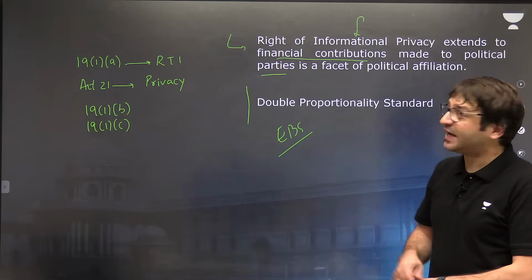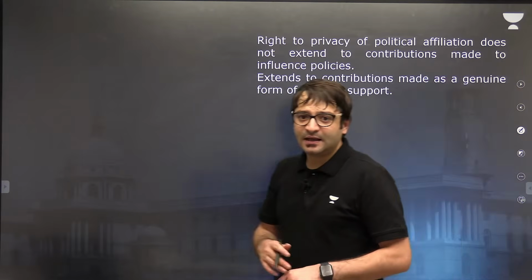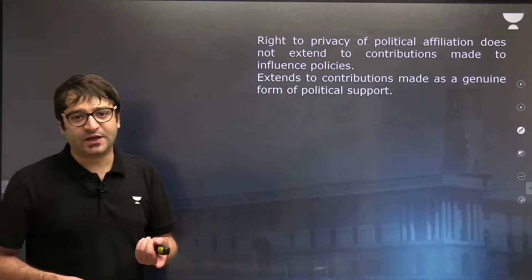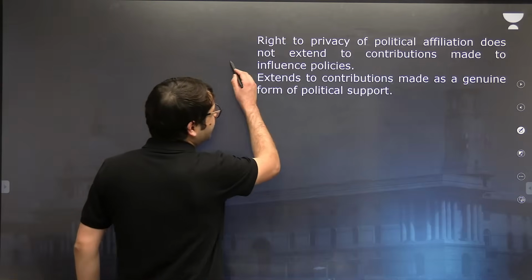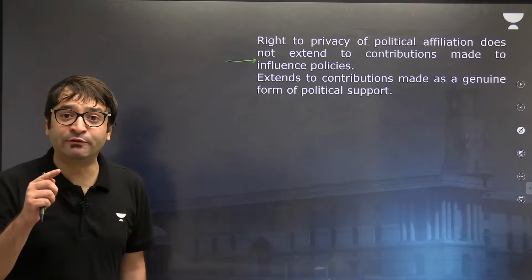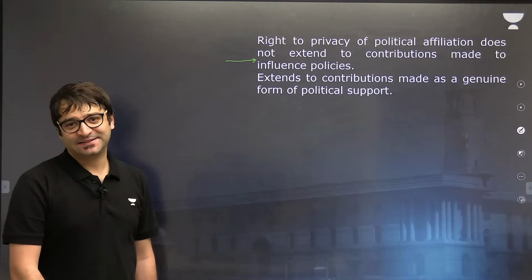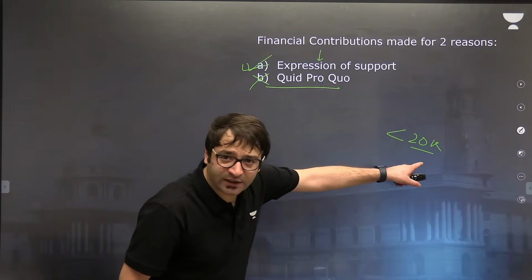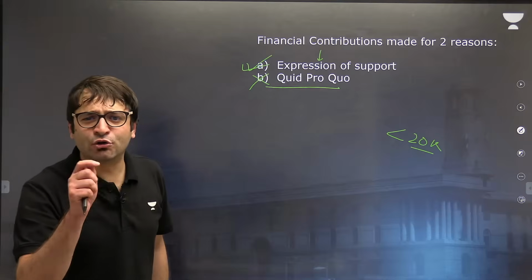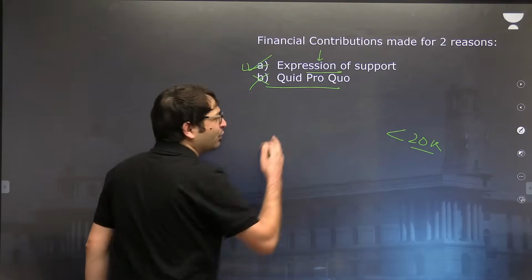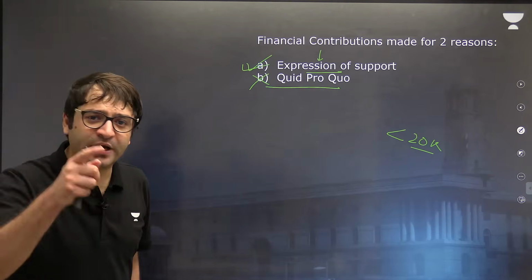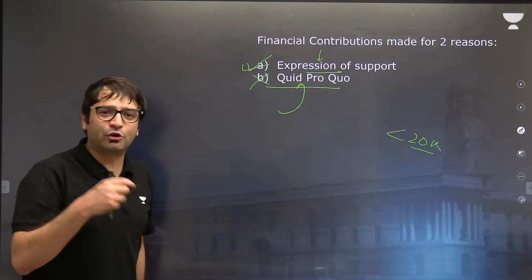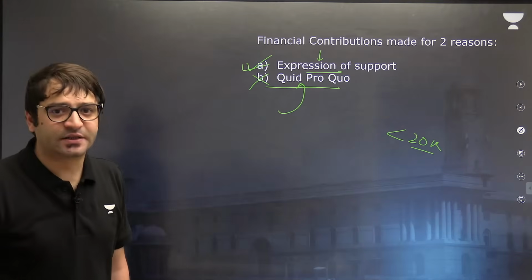And for that, Supreme Court said, let's understand this. Right to privacy of political affiliation does not extend to contributions made to influence policies. If you are donating more than 20,000, you are not donating because of your expression of support. You are donating because of quid pro quo. You are donating because you need something in return.